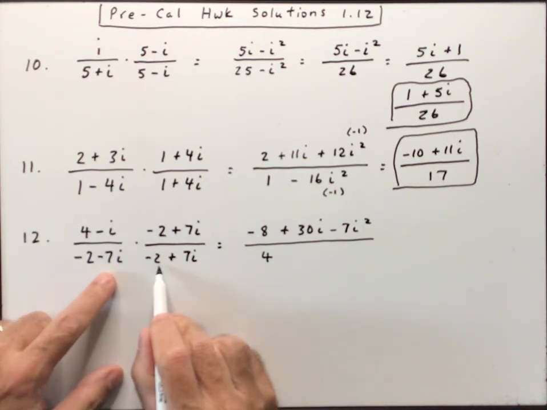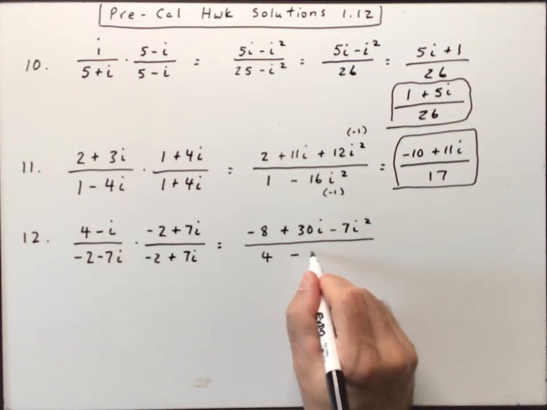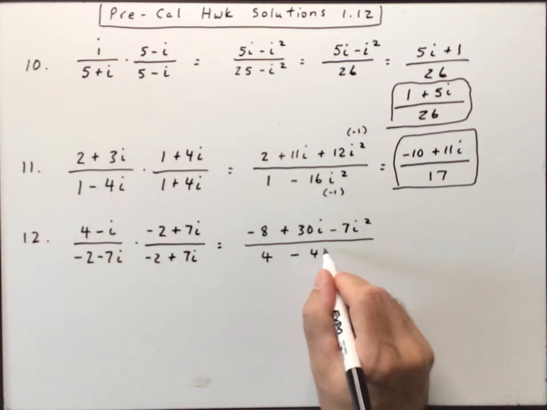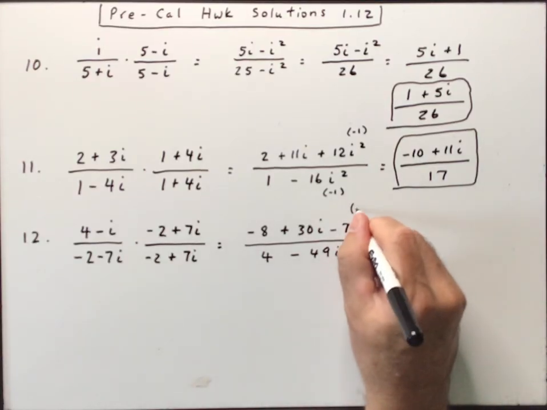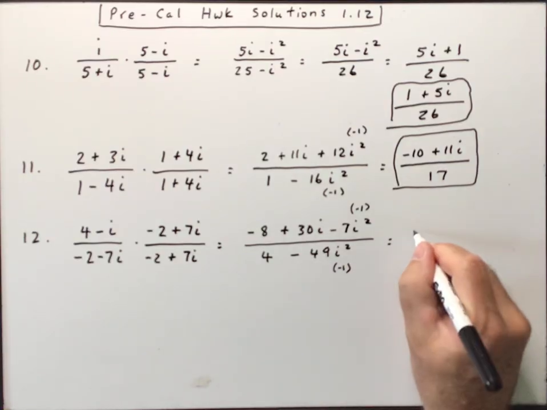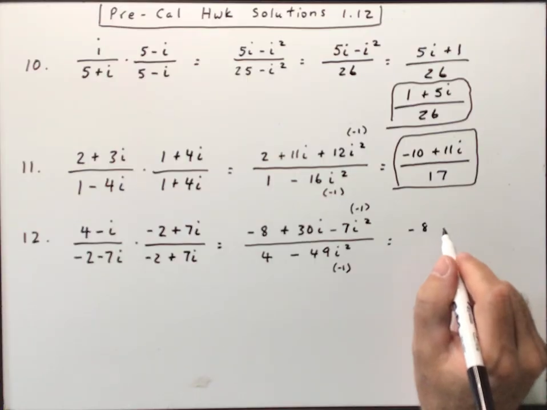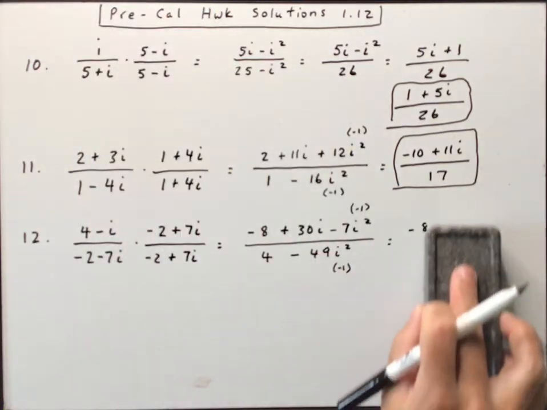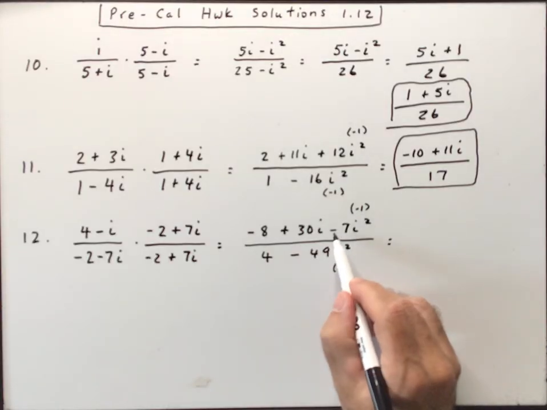and then those two terms cancel, and then you have minus 49i squared. Of course, we know that i squared is negative 1. So on top we have negative 8, and then this would be positive 7, negative 7 times negative 1.